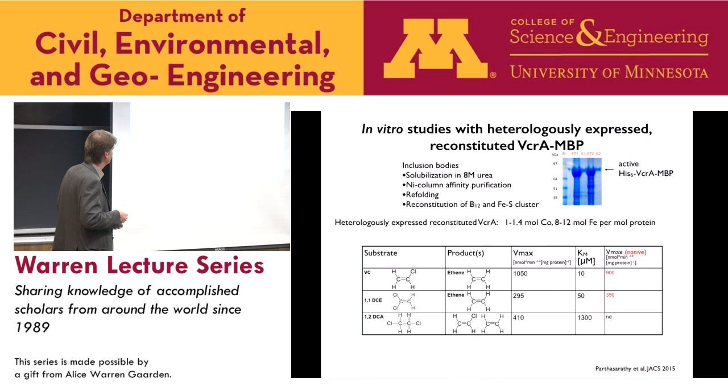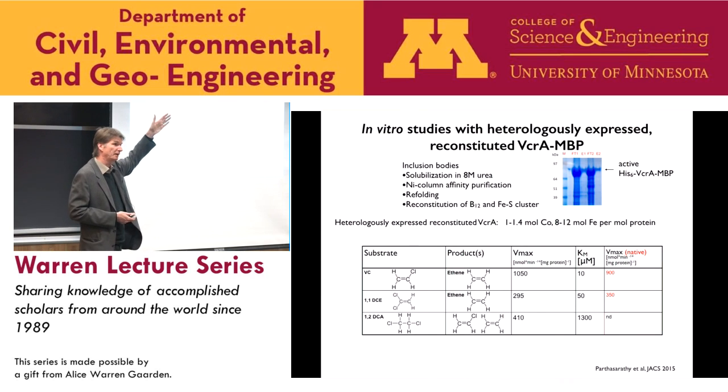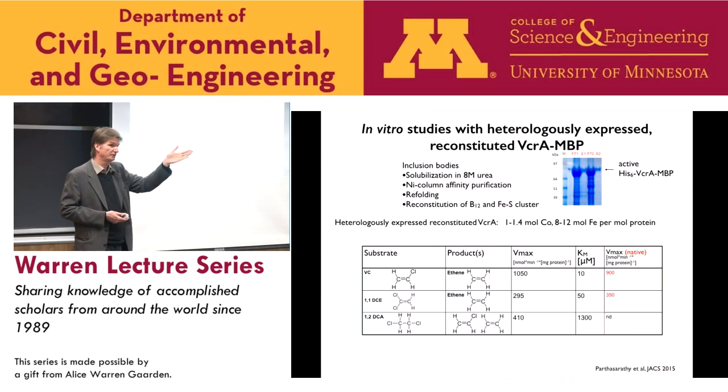But since we had enough protein to study, we discovered an important thing: the heterologously expressed vinyl chloride reductase also catalyzed the conversion of 1,2-dichloroethane to ethene. So that's a dihaloelimination, which basically means that it intersects the pathway of chloroethane degradation with the chloroethene degradation.